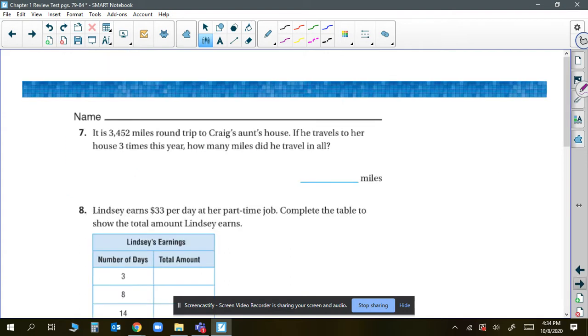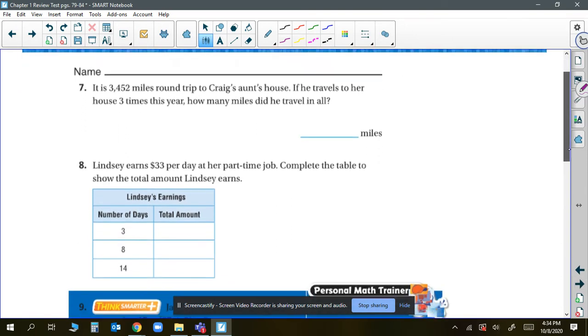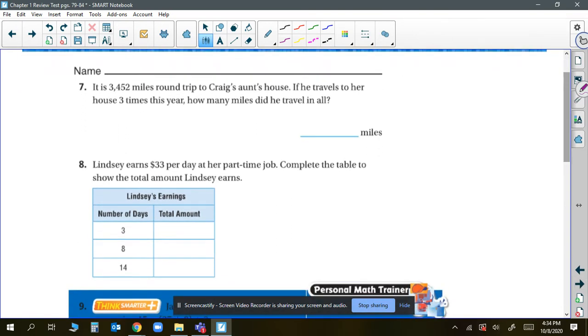Okay, we're going to bump over to number 7 here. 7 says it is 3,452 miles round trip to Craig's aunt's house. If he travels to her house 3 times this year, how many miles did he travel in all? All right, well, if he's traveling 3 times, we're going to be multiplying. So over here, I'm going to write 3,452, and let's multiply by 3.